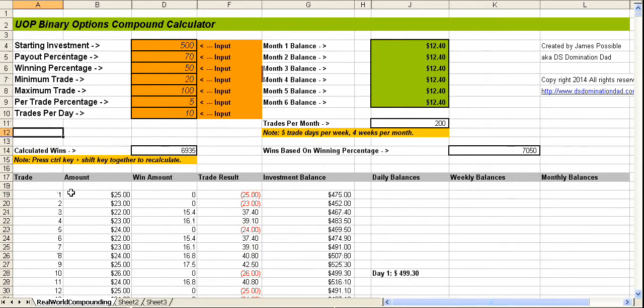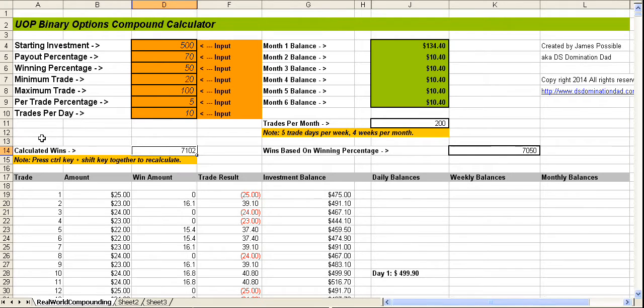The calculations just do that randomly. So what you want to do is hold down the Shift key and press F9, and you notice that the calculated wins changes. In this particular random calculation, out of the 14,000 possible trades, 7,100 were shown to be wins.